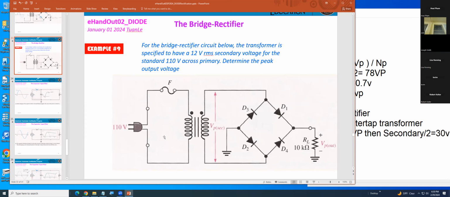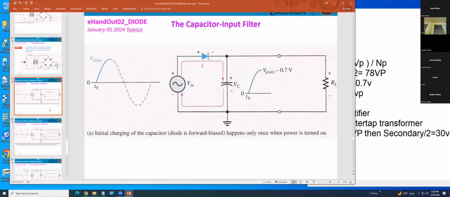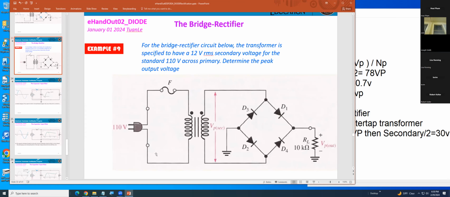I'll try to see if they calculated for you. So V primary is 110 volts, VS is 12 volts, the peak secondary. That means 12 volt. Now we're going back to the formula they gave you here.